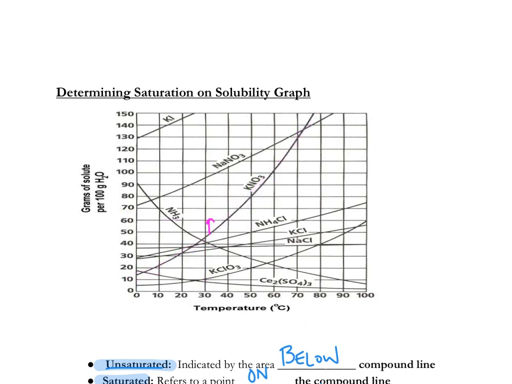Apparently it's not going to let me. Okay, so let me re-highlight that line. Potassium nitrate. So 60 grams, 60 degrees.